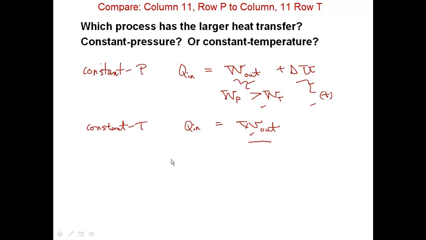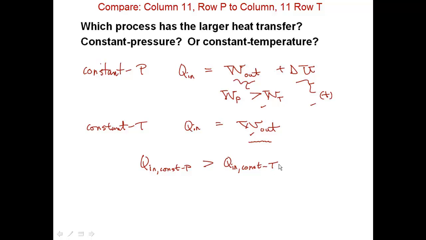So we conclude clearly then that the heat transfer in for the constant pressure process must be greater, and maybe even substantially greater, than the heat transfer that we needed to supply to maintain constant temperature.